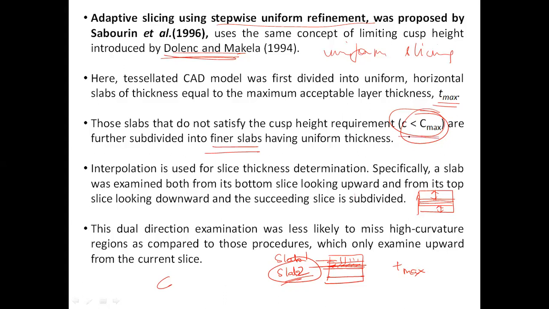Wherever this cusp height was not satisfying the criteria, that C should be less than Cmax, that slab was identified. And then that slab was divided into finer slabs so as to reduce the value of cusp height and bring it under these constraints.